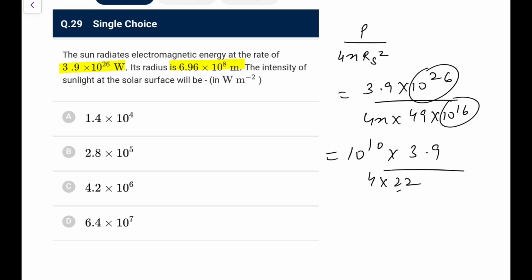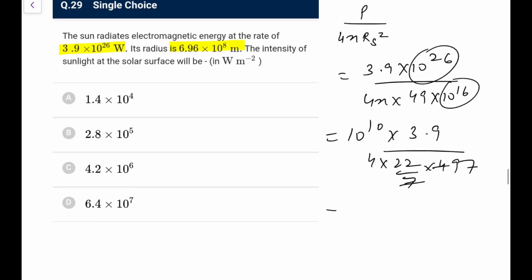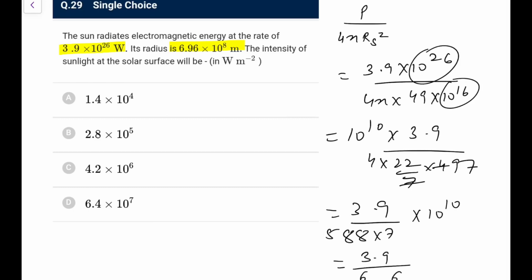So this is 22 by 7 into 49, I can do it like this, this is 7 again, so 3.9 upon what we are left with, 22 into 4 into 8 into 7 into 10 to the power 10. So again the calculations are too much for a NEET student. 7 8s are 56, 56 and 5 616 into 10 to the power 10.